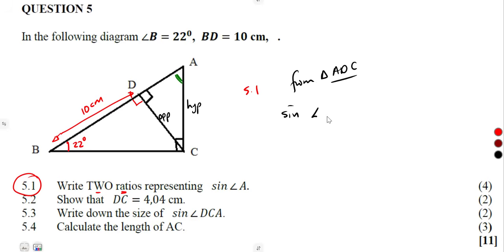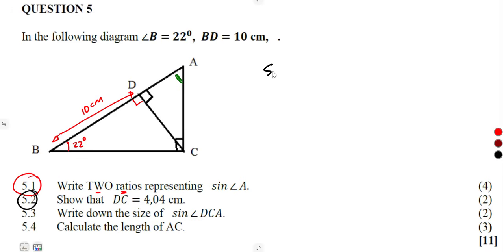So the sine of angle A is opposite over hypotenuse, DC over AC. So that gives us CD over AC or DC over AC. You're done. That's your 5.1.